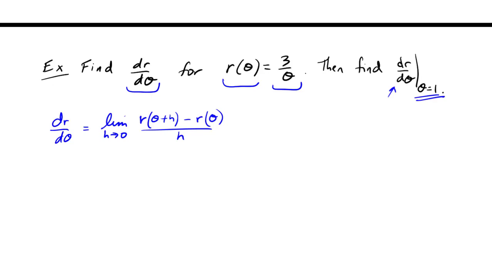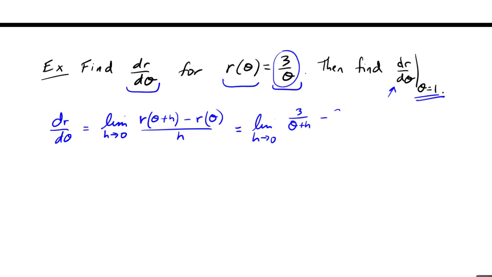Okay, so now let's apply this specific function, 3 over theta. Limit as h approaches 0, r of theta plus h. Well, r of theta is 3 over theta. So r of theta plus h should be 3 over theta plus h. I don't really need brackets here.